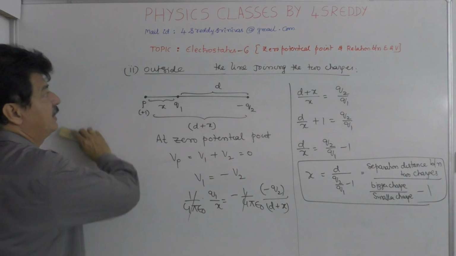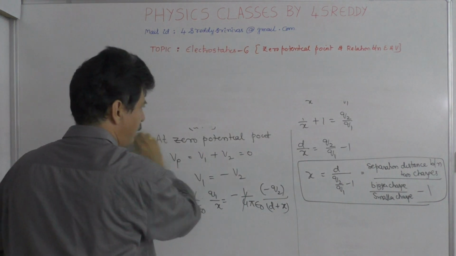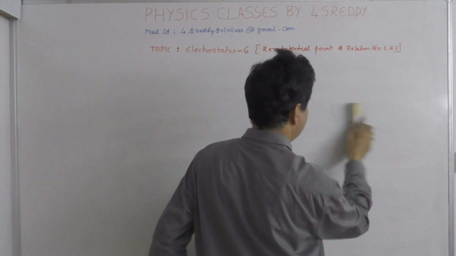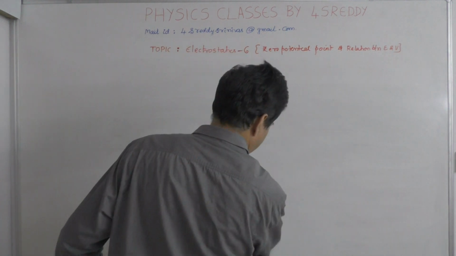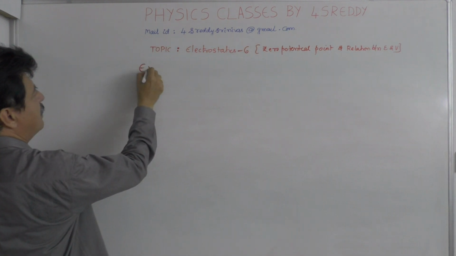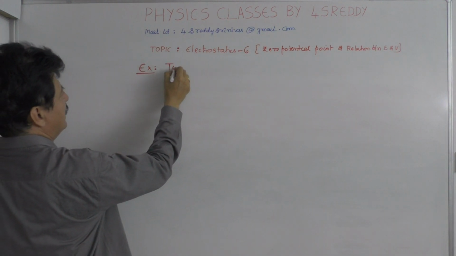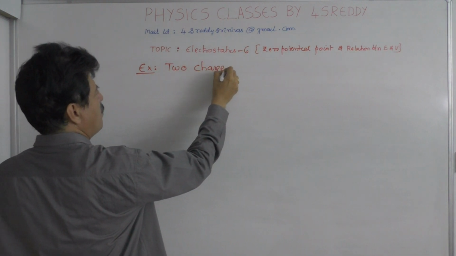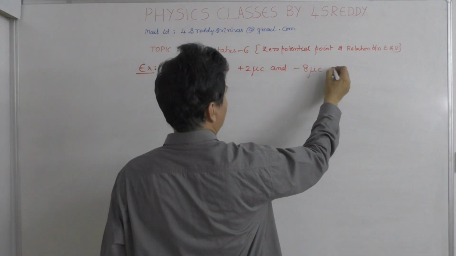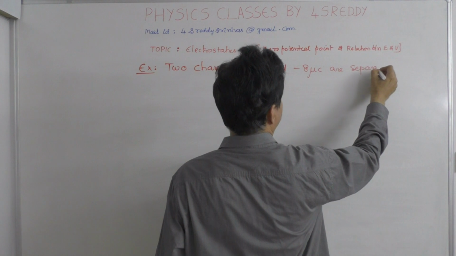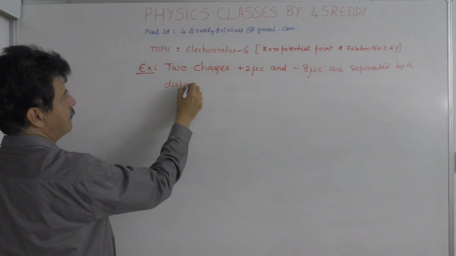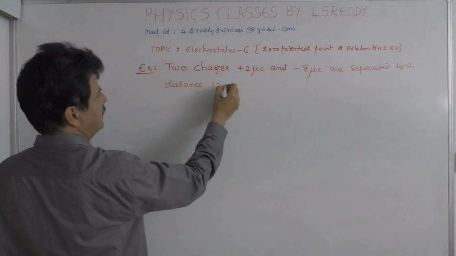Basing on this, you may be given a problem. You may be given an example that two charges plus 2 microcoulombs and minus 8 microcoulombs are separated by a distance 12 centimeters.